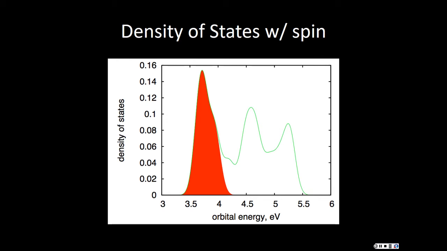The filled portion is occupied and unfilled is unoccupied. No, I was wondering why the green line is going below the red line. Or it is not going below. I mean, on the other side, it seems like they have a blue line, a green line too.